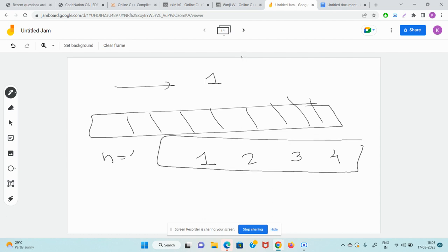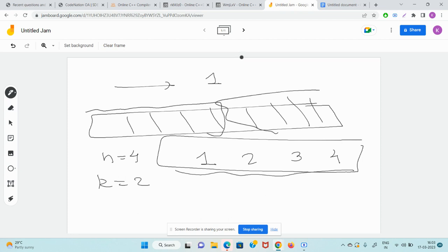The size of the array n is 4 and k is 2. It means you have to divide this array into two parts such that the sum of bitwise OR of those two parts is as maximum as possible. Say you divide it like this: the answer of the first part is k1, the answer of the second part is k2. The question is saying that k1 plus k2 should be maximum.